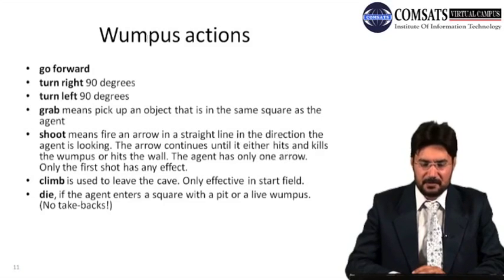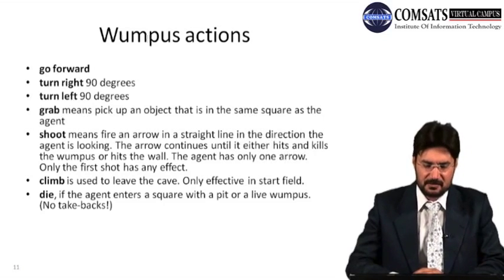Grab means pick up an object that is in the same square as the agent. So if there is something to grab, then the agent can grab it. Shoot means fire an arrow in a straight line in the direction the agent is looking. The arrow continues until it hits and kills the wumpus or hits the wall. The agent has only one arrow. Only the first shot has any effect.